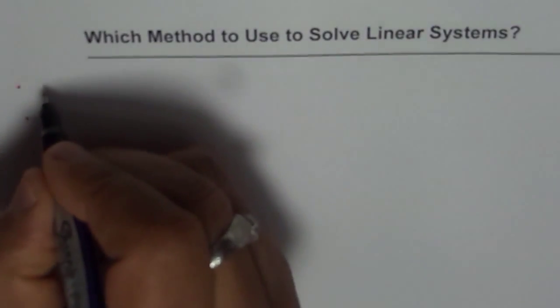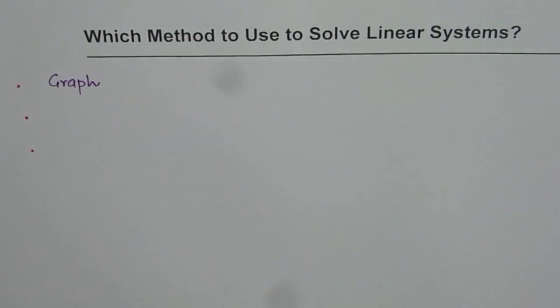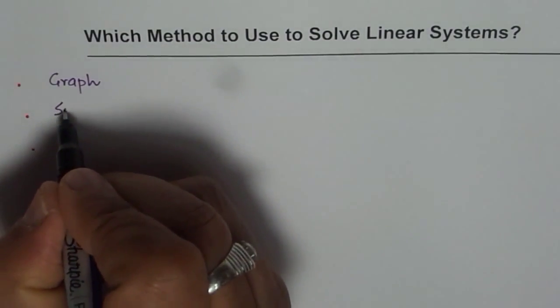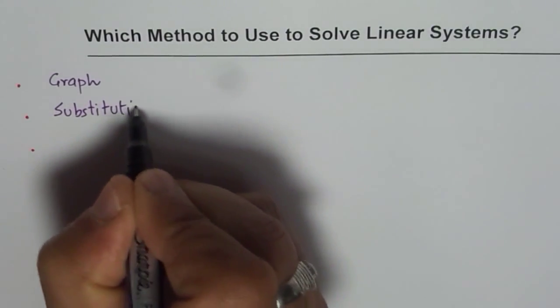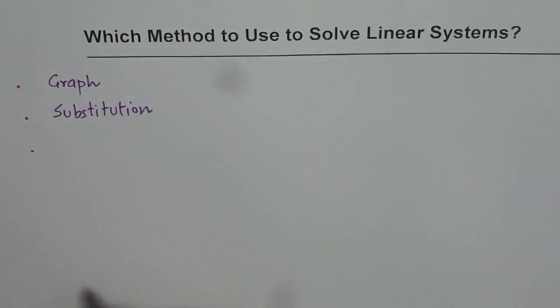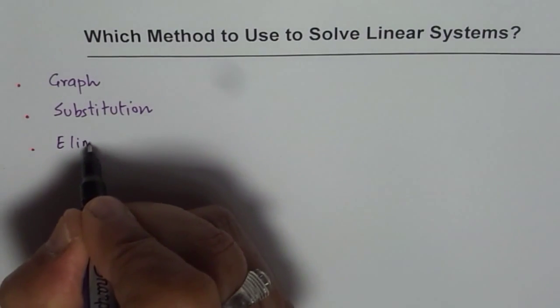The first one is graph, right? By graphing the two lines, you can find the point of intersection. And then we have learned the method of substitution. And then we formed equivalent linear systems and the elimination method was used.